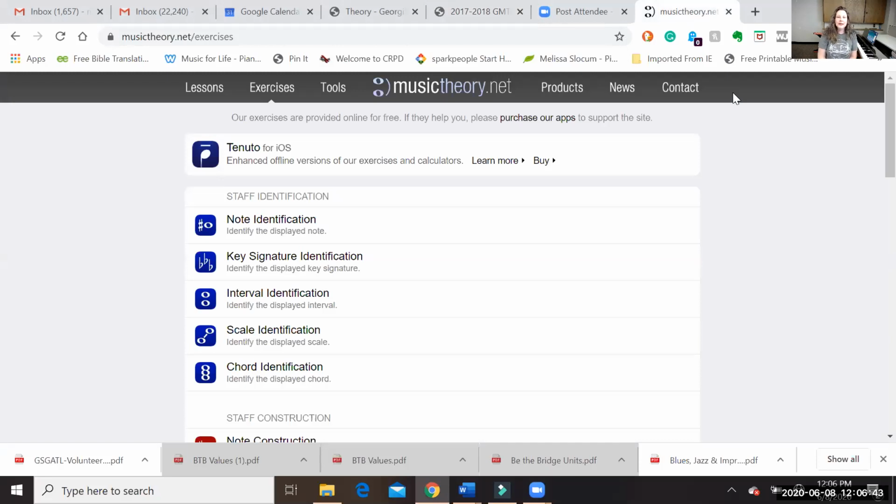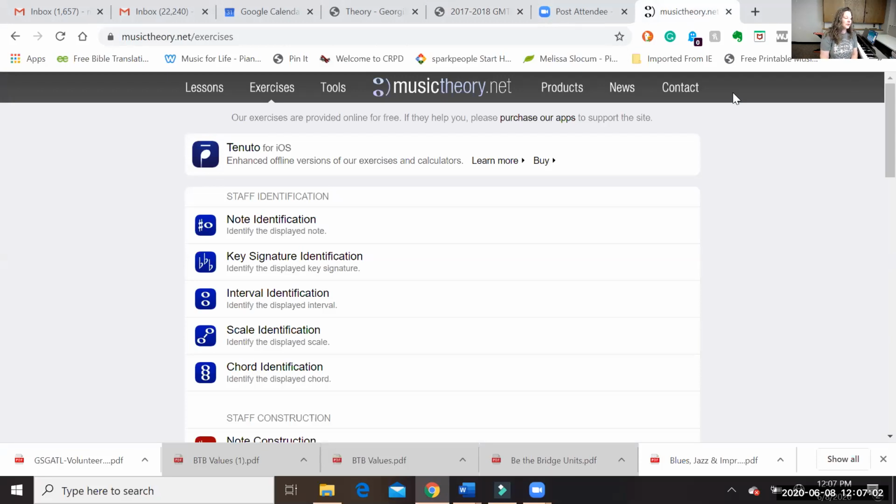If you are using an iPad, it is an app called Tenuto, T-E-N-U-T-O, Tenuto. And you'll see that up on the top of the screen, Tenuto for iOS. So if you're using a Mac or an iPad, you can go to Tenuto, and it's exactly the same exercises and everything.